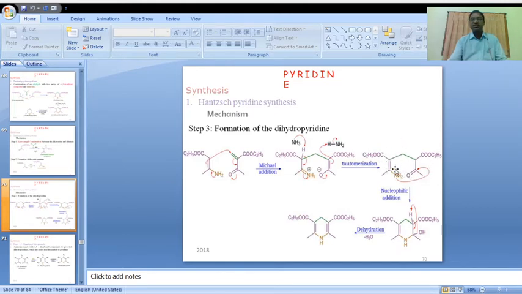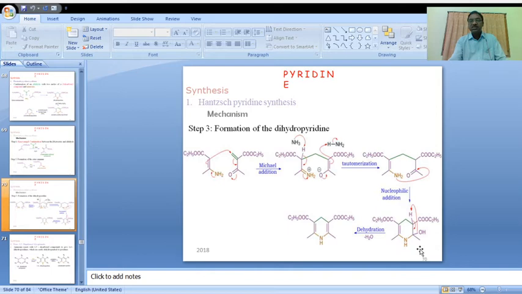Okay, this is the tautomer structure. From this, nucleophilic addition takes place. This pair of electrons bonds with this carbonyl carbon and cyclizes the ring, to form this type of cyclic ring.